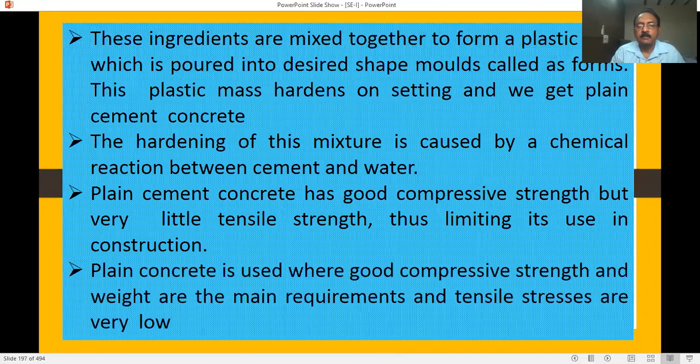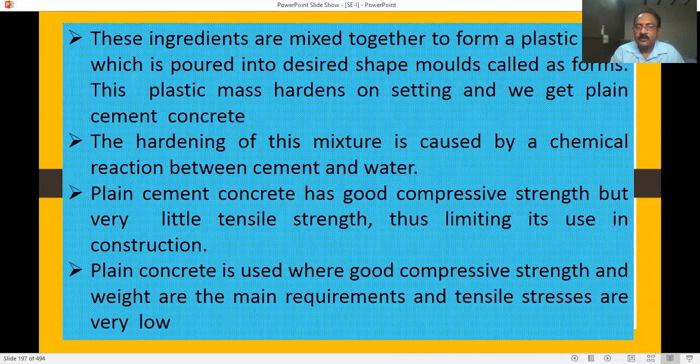How do we get plain cement concrete? By mixing cement, sand, and gravel in the required proportion with water to form a plastic mass, and that is poured into desired shapes. That plastic mass hardens on setting, and we get plain cement concrete.